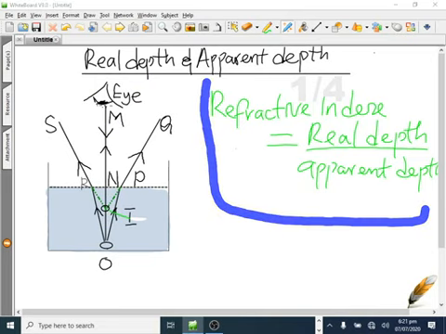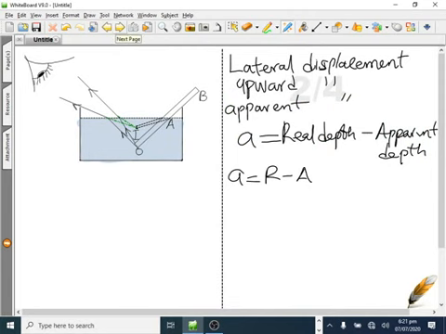Then we moved on and discussed another phenomenon, almost the same thing, about a rod that is placed into a bowl of water. We told you that you are going to have a shallow image of the object instead of the real image.